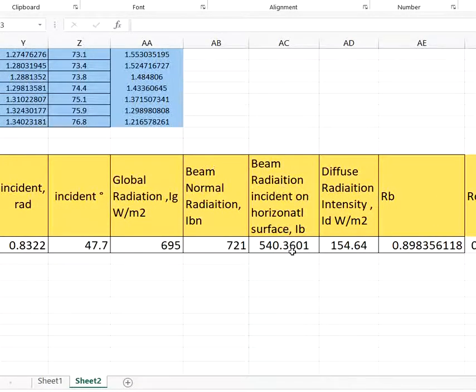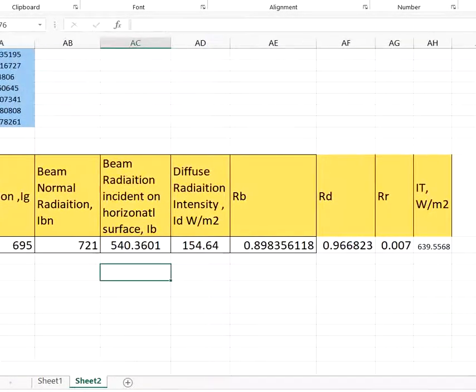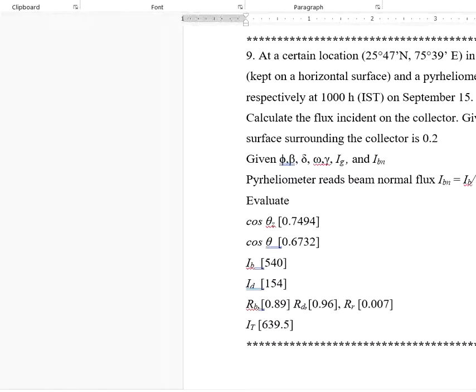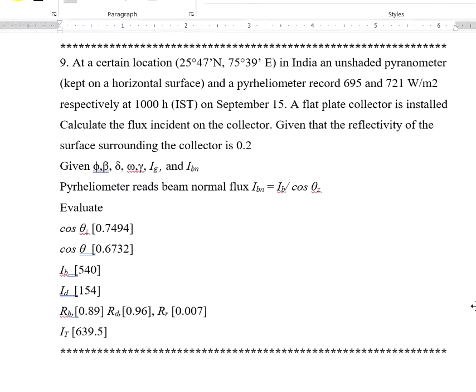If you divide the beam normal radiation by cos theta z, you will get a value of 540 for IB. So 695 minus 540 is 154, giving the diffuse radiation 154. Now the values of RB, RD and RR are known, so you can find IT as 639.55. The answer is written here as 639.5.